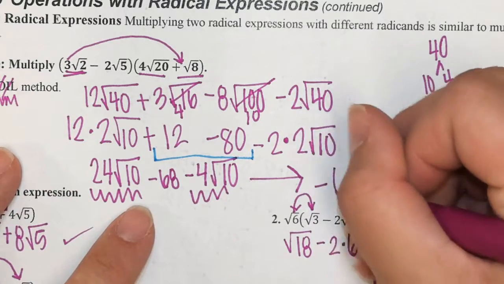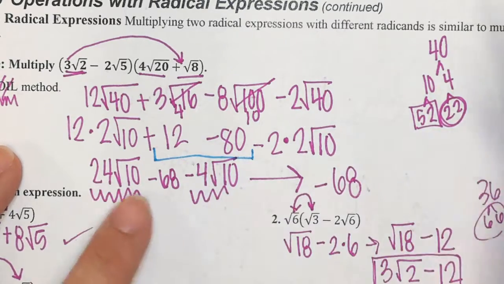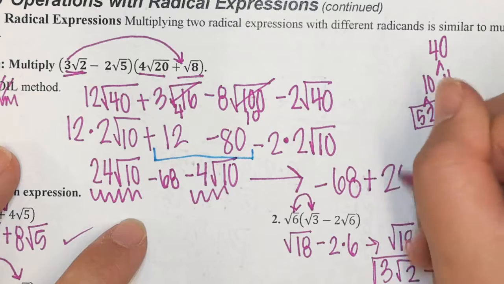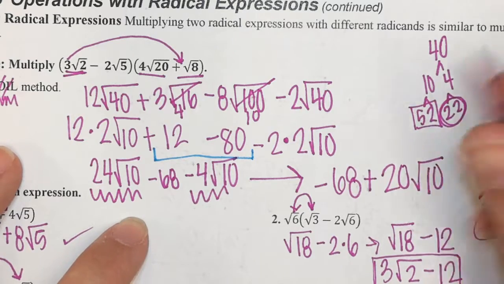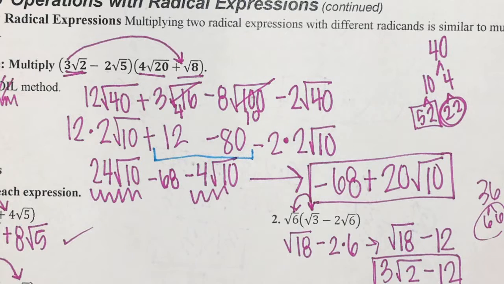So we have negative 68. 24 minus 4 is, so plus 20 square root of 10. And that is our final answer. That's fine. 20 square root of 10 minus 68, that's fine. It works either way.